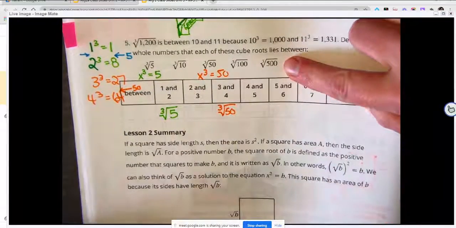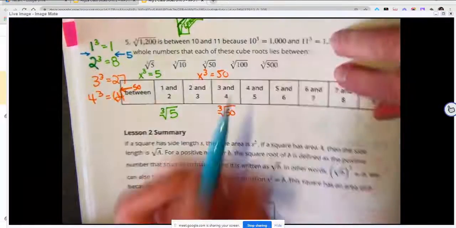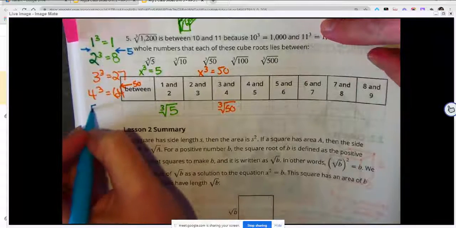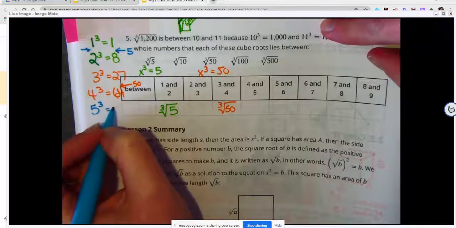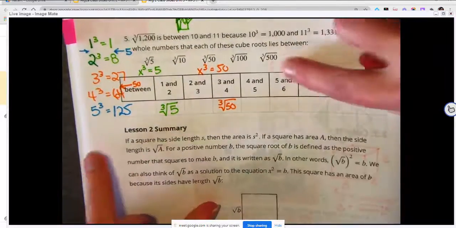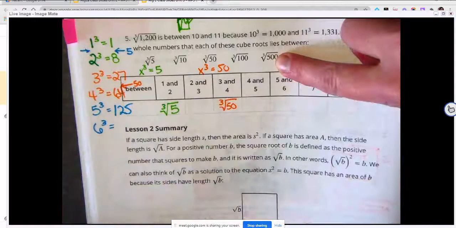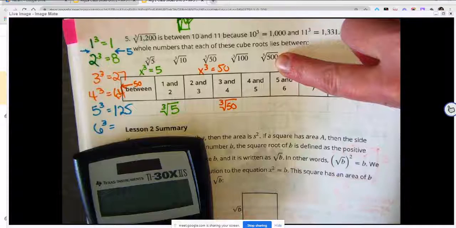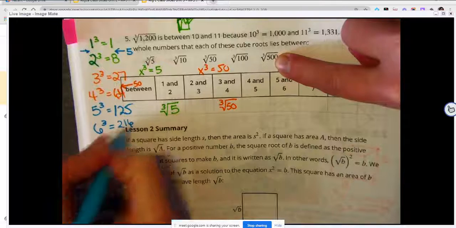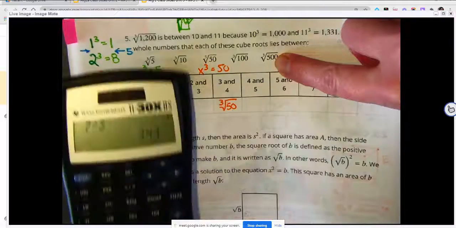And you may be skipping to like the third root of 500 and thinking, what the heck is that going to be? 5 to the third. It's 125. I'm still too low. 6 to the third. 216. Still too low. 7 to the third. 343.